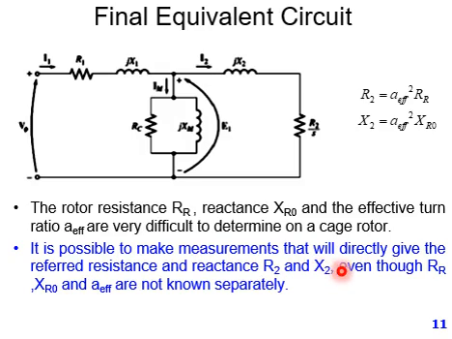Finding RR, XR0 and A effective is quite difficult, since they are not known separately.